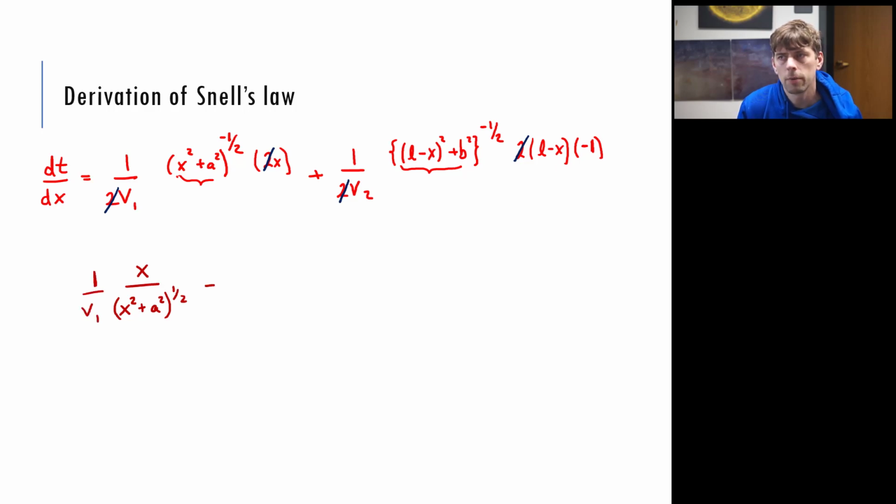Then we have minus 1 over v2 times the quantity L minus x divided by L minus x quantity squared plus b squared, to the 1/2. There we go. Now, of course, we want this to be equal to 0 at the end of the day.